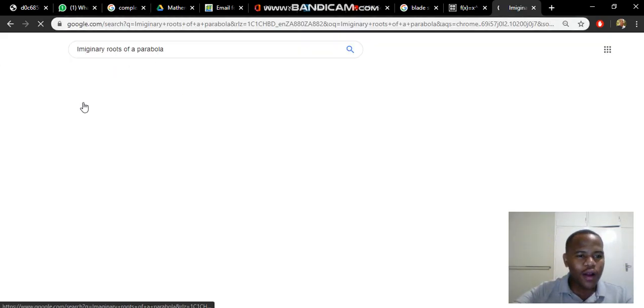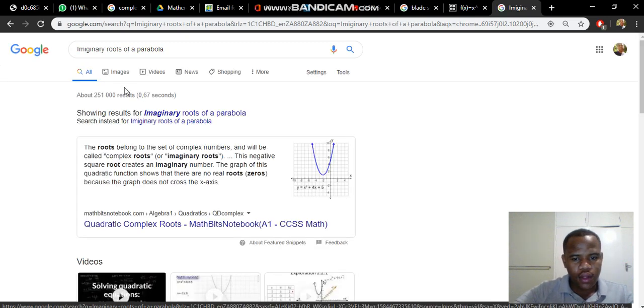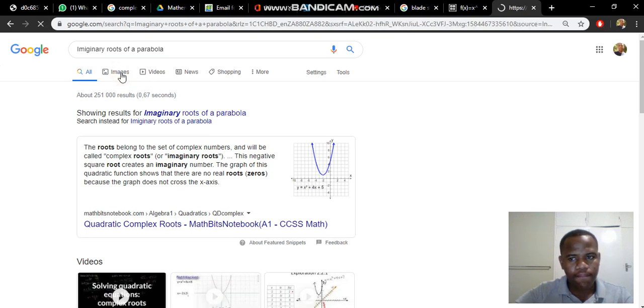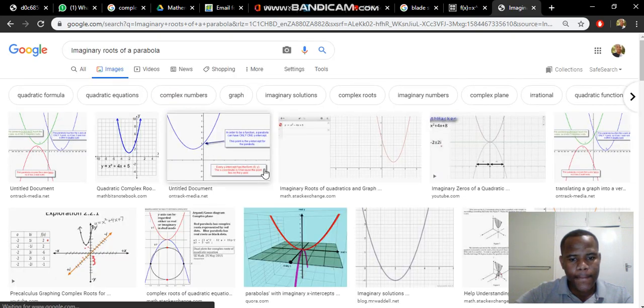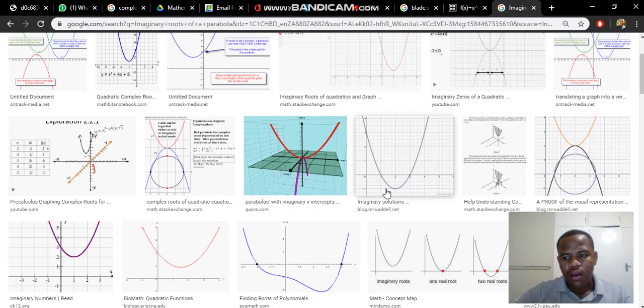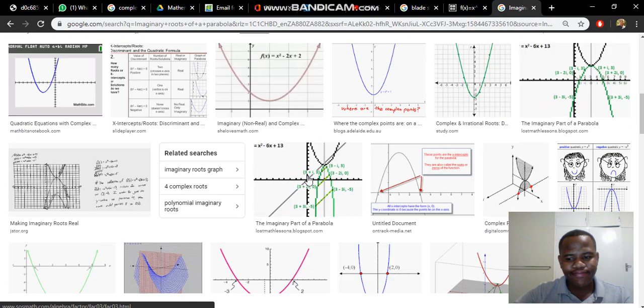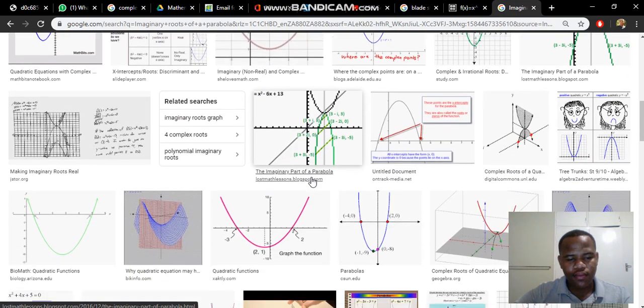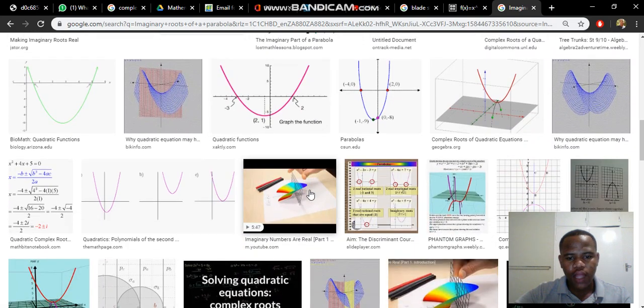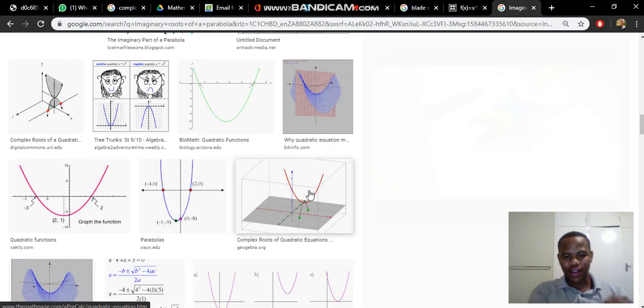I want to show you how this graph looks, and I saw some nice graph a long time ago when I was looking at this. Okay, cool. Yes, that's the picture.